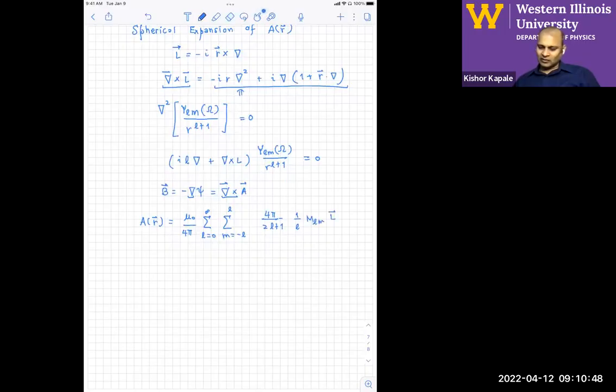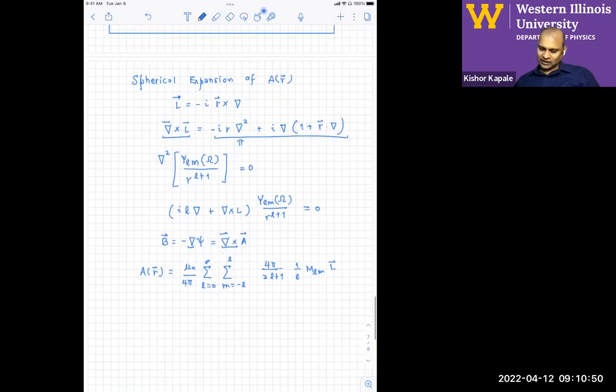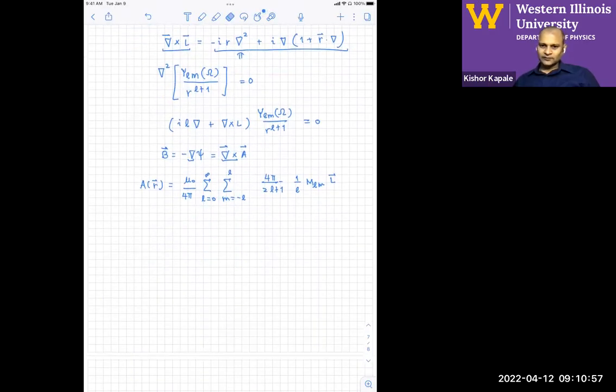We have now the L operator coming in, right? Because you had curl of L here, right? So the curl of L and Y_LM(Ω) over r to the power L plus 1.